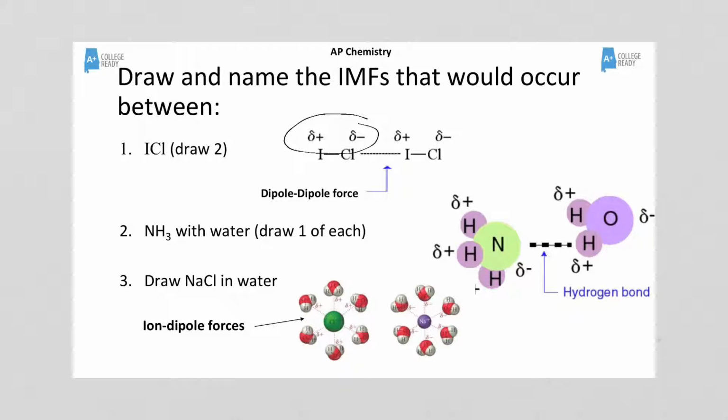If you were drawing this and you had your water molecules touching the ion, you would still get full credit. You just have to make sure all the waters are pointing in the correct direction. Typically they haven't asked you to designate the partial positive and negative symbols on water or anything else.